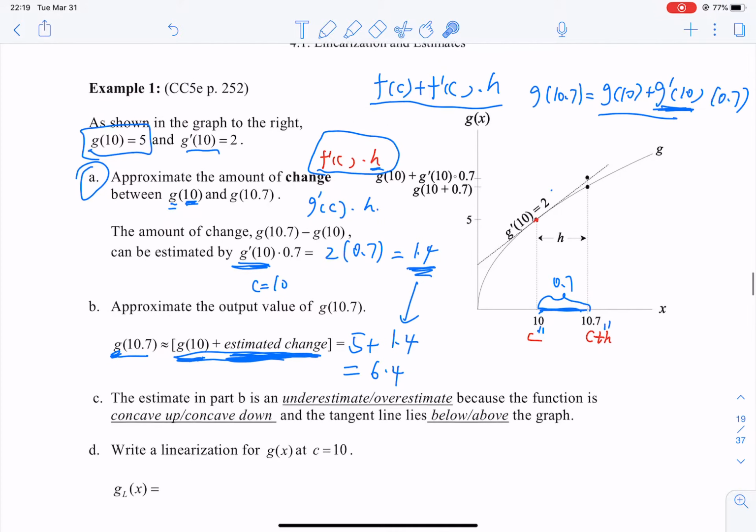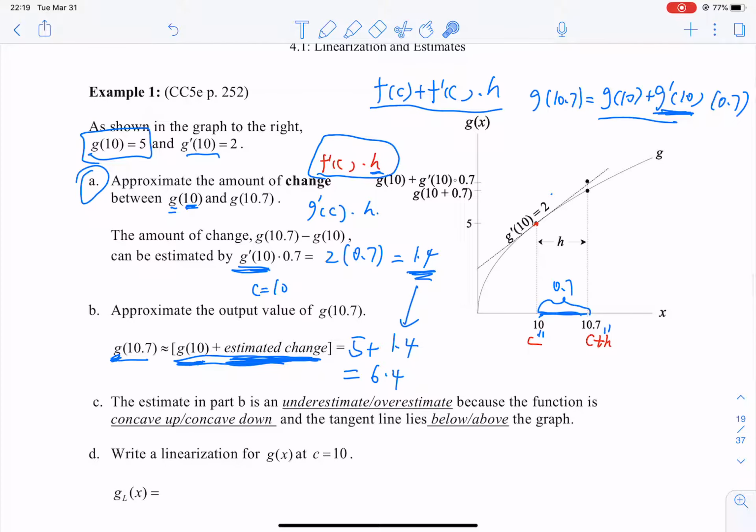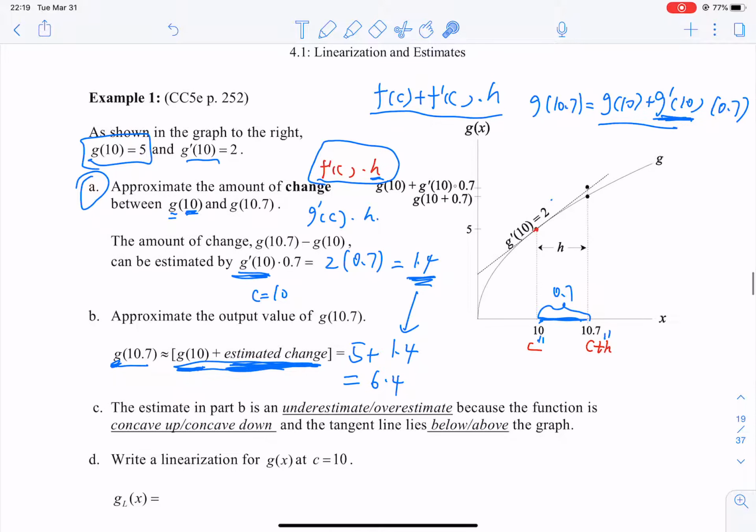And the next question, C: the estimate in part B, is it an underestimate or overestimate? So for this one, let's go back to the function graph. In the function graph, we can see this function is concave down. And what is our estimation? We know this is the tangent line.